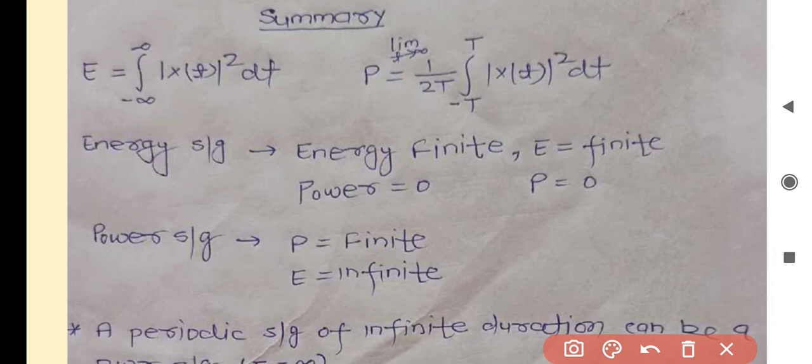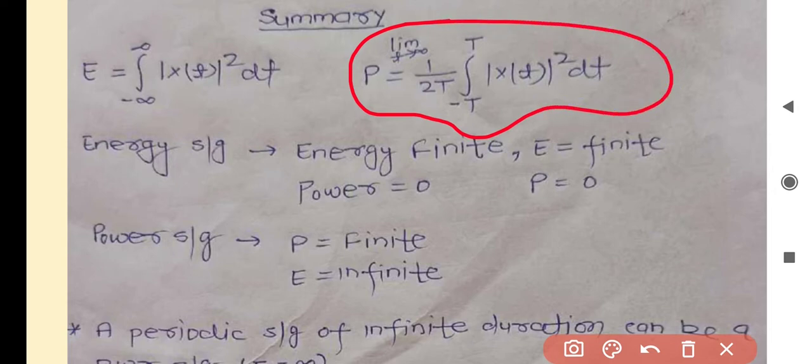And to calculate the power of a signal, we will use this formula: P is equal to limit T tends to infinity, 1 by 2T, integration from minus T to T, mod of x(t) square dt.